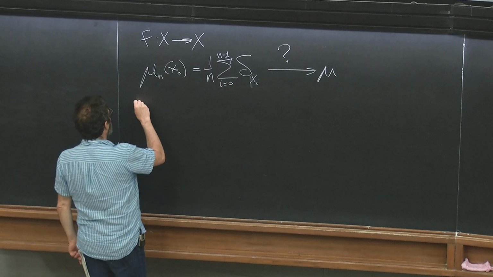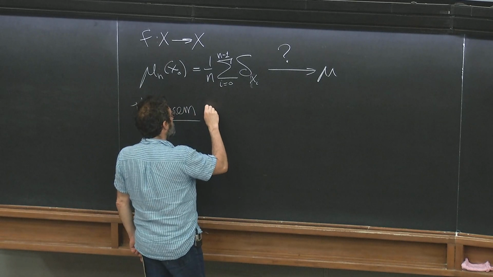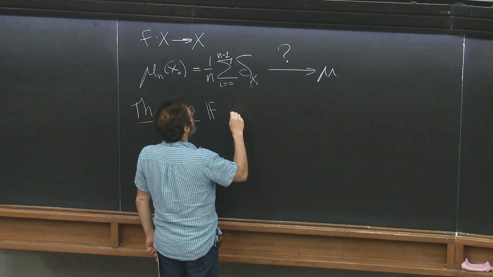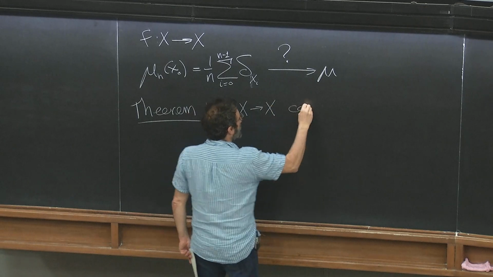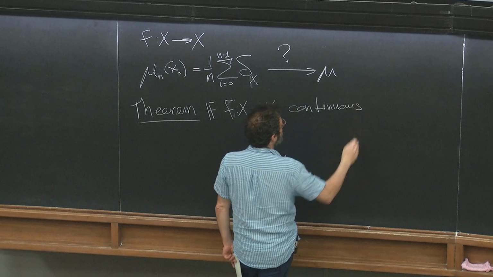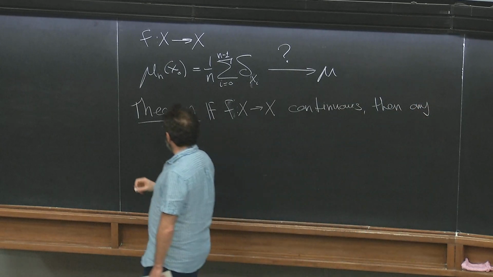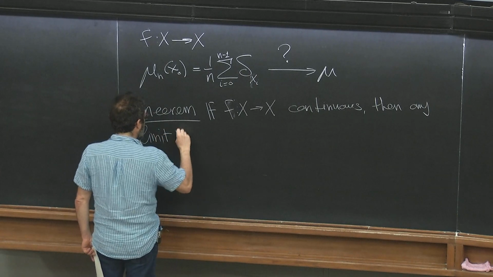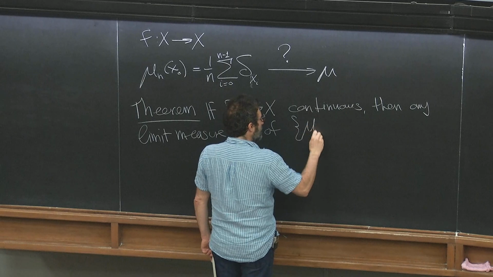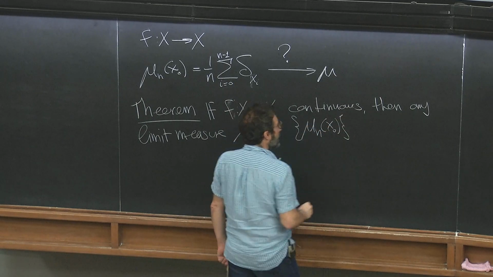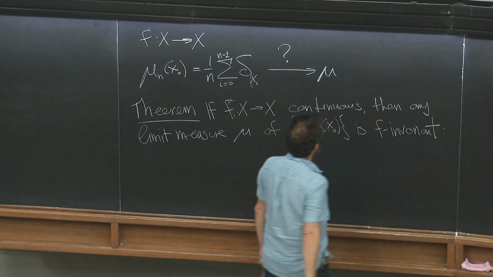And so we're going to prove a theorem that says that if f is continuous, then any limit measure mu of this sequence, for any initial condition, has a property that we call f invariant, which I will define in a moment.